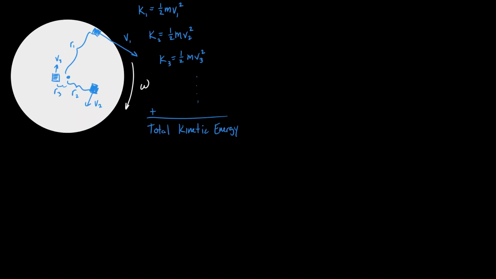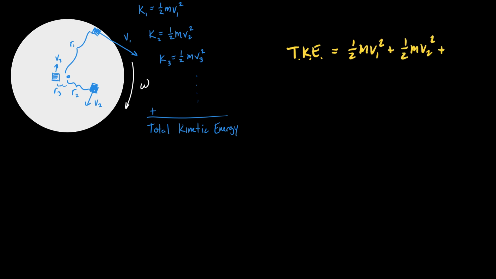To put this in perspective, if I wanted to do this, the total kinetic energy, I don't want to write the word out 1,000 times, so can I just write TKE, that's total kinetic energy? That would equal 1/2 mv1 squared plus 1/2 mv2 squared plus, and I'd have to add that up forever.